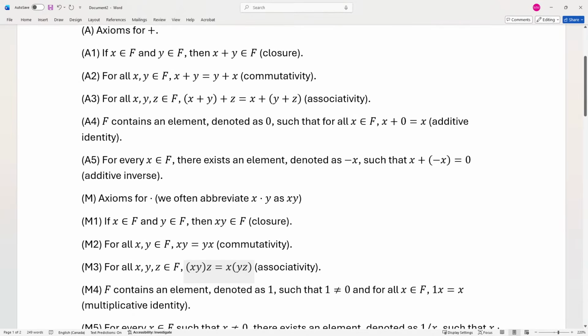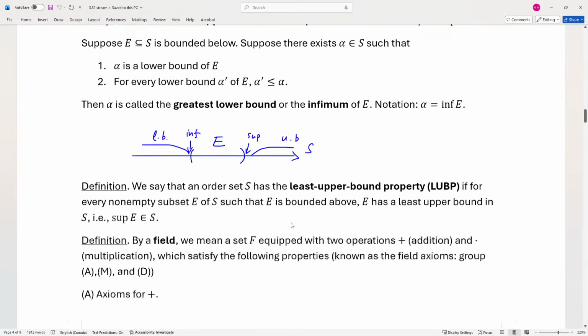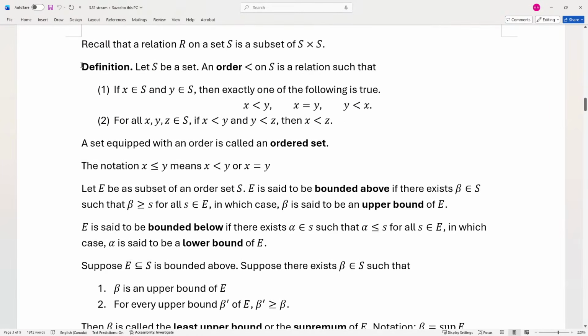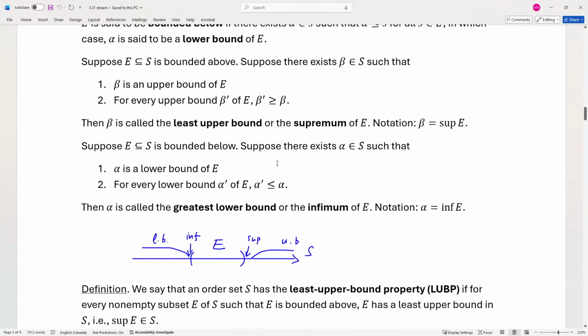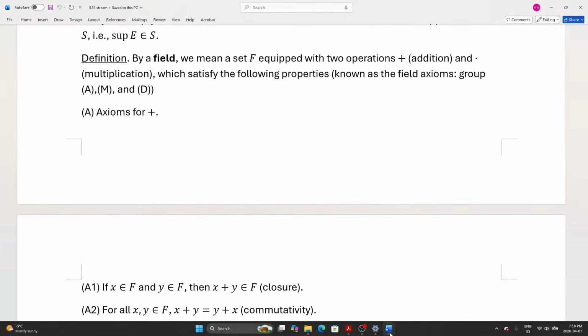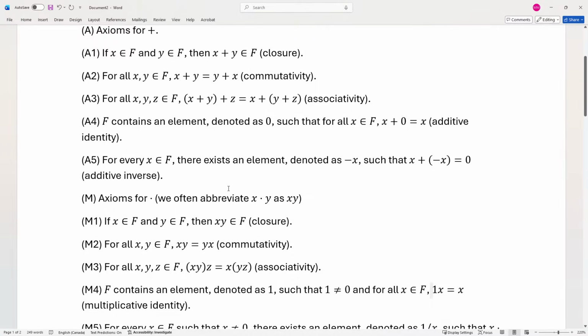And by the way, combined with our previous notes, which is where we defined the order relationship earlier, this is the definition of an order. A set with an order is called an ordered set. And now we also have the field axioms in our new notes. We want these attributes of the set F to be compatible.